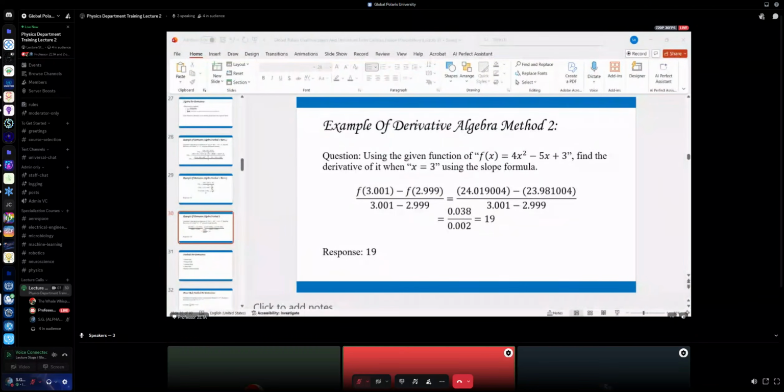When you're learning, maybe if you're taking it as a college course, your Calculus 1, or maybe AP Calculus AB in high school, then you should know why it happens. So we use, as I said, the two close points, 3.001 and 2.999.